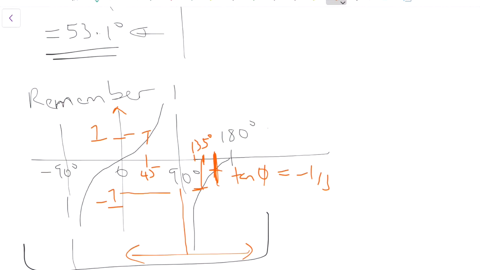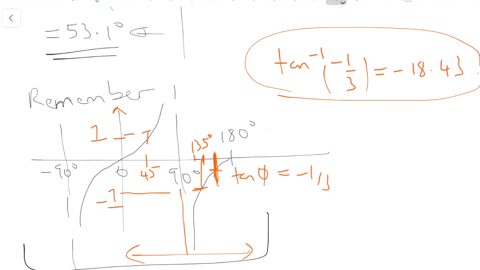What I mean is that if you type tan inverse of minus a third in your calculator, then what you obtain is minus 18.43. So you need to convert to put it in the first two quadrants. And why is that? Well, because your calculator only outputs values given by the principal branch here. So then it's up to you to know how to convert.